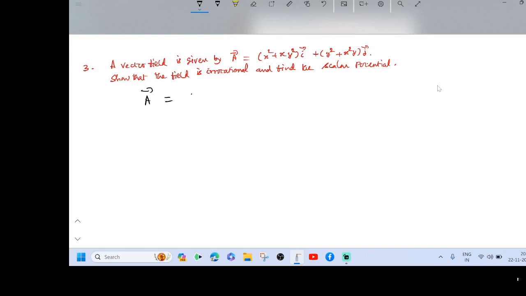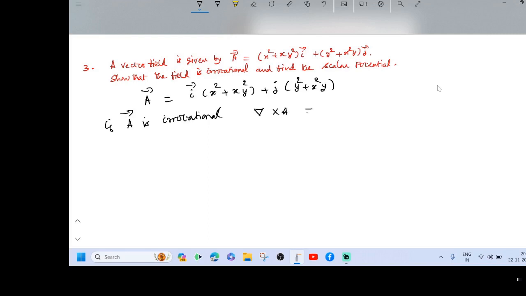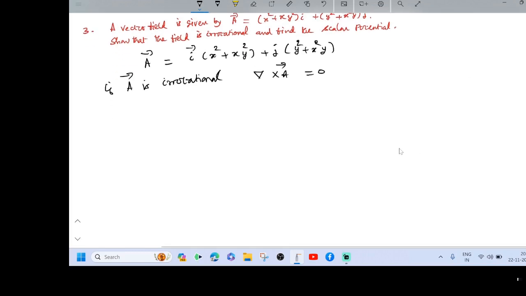A equal to i into x square plus x y square plus j into y square plus x square y. If A is irrotational, the value of curl A is 0. Now we have to prove this.